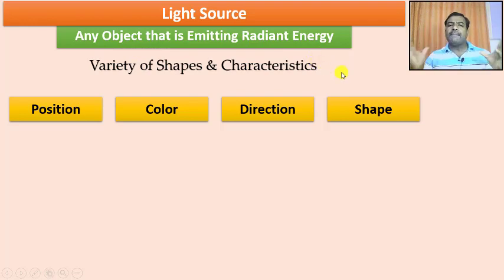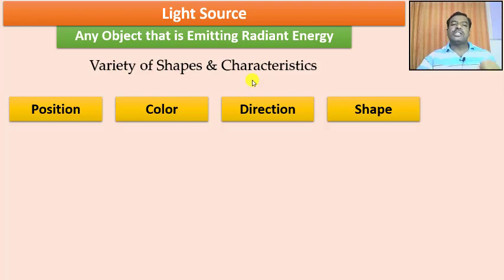In a scene, I may have an object emitting radiant or light energy, and we call this a light source because it is emitting energy. There may also not be any object which is going to be a light source. Hence this light can be of a variety of shapes, and it can have different characteristics.